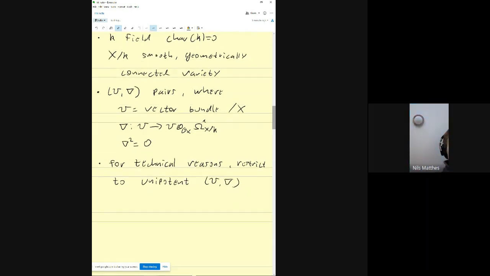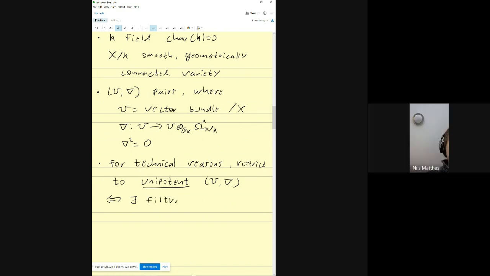So what does this mean? Unipotent means, intuitively, that your vector bundle is built out of trivial bundles via successive extensions. So you should think of this as a class of particularly simple vector bundles.